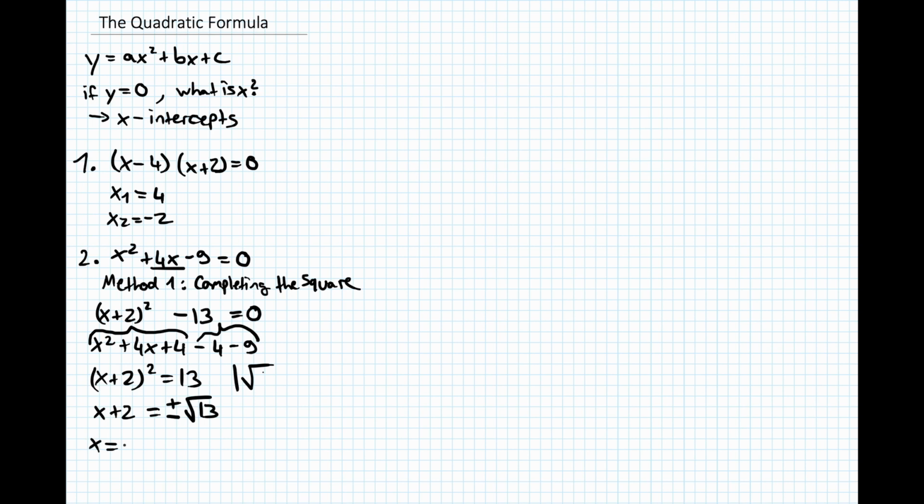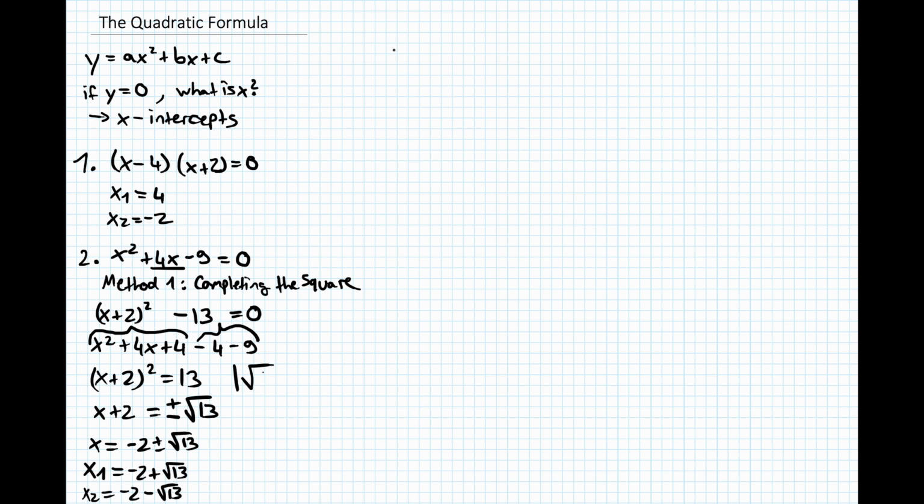So our x is equal to negative 2 plus minus square root of 13, and you can rewrite it by naming both solutions. Our x1 is equal to negative 2 plus square root of 13, and our x2 is equal to negative 2 minus square root of 13. And those are the two solutions to our x-intercepts.